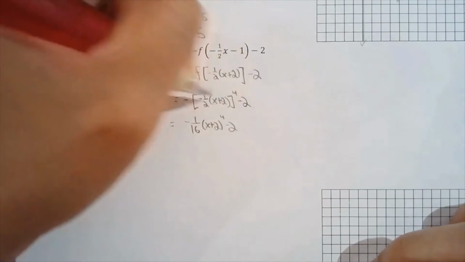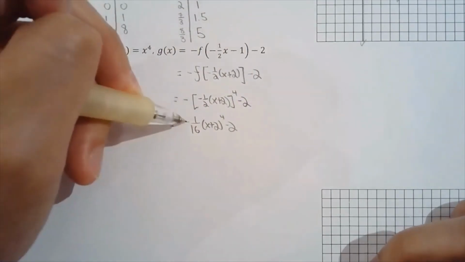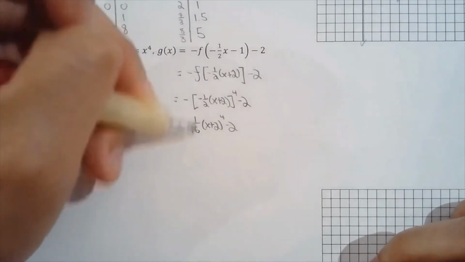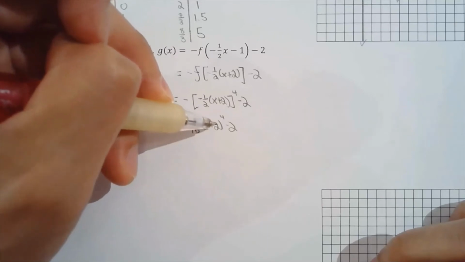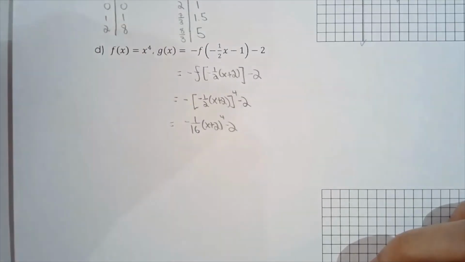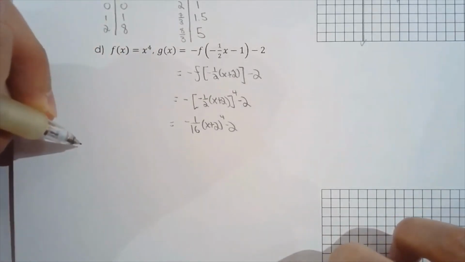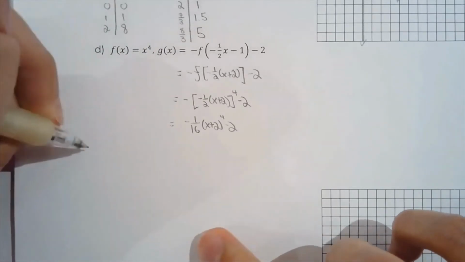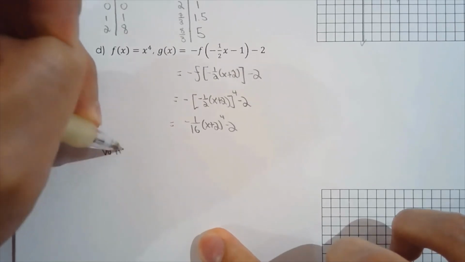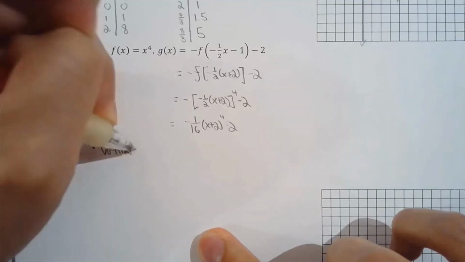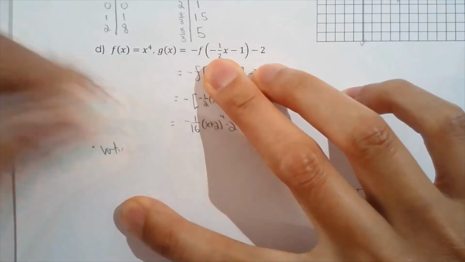So instead of doing 5 transformations, I'm just going to do 4. Because 1 for the reflection, 1 for the vertical stretch, and then a horizontal and a vertical translation. Okay. So let's write it down now. Vertical stretch, compression, whoops.